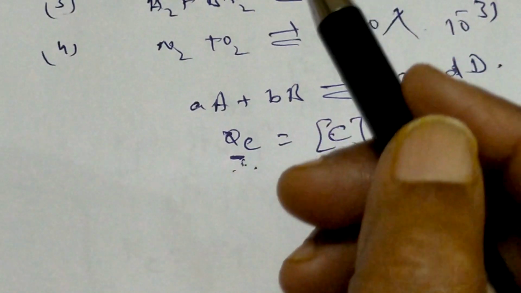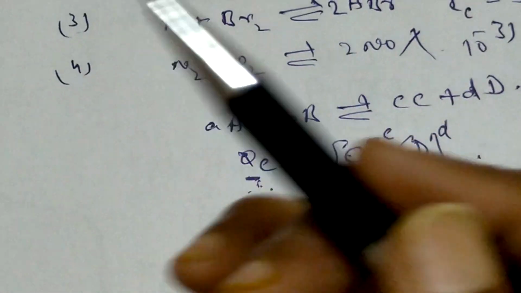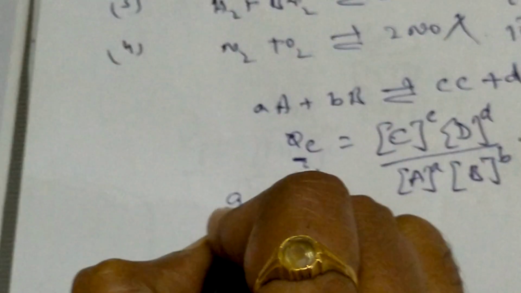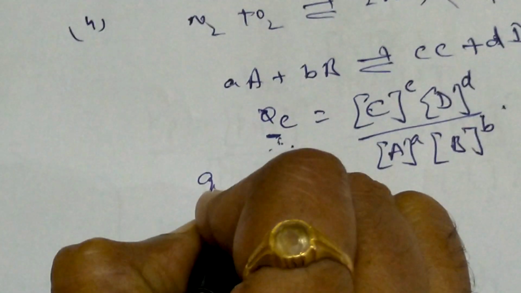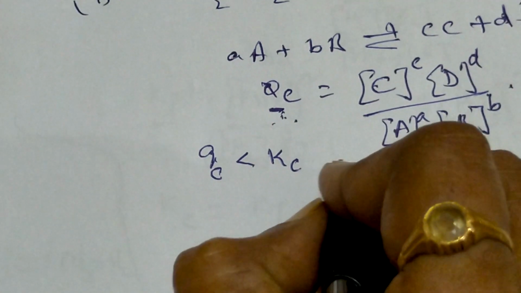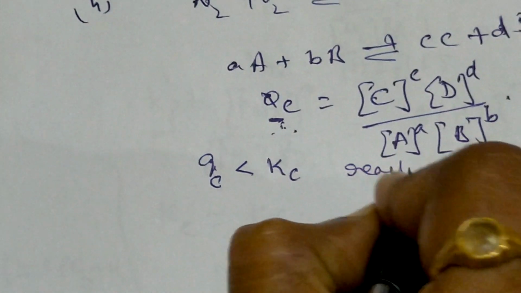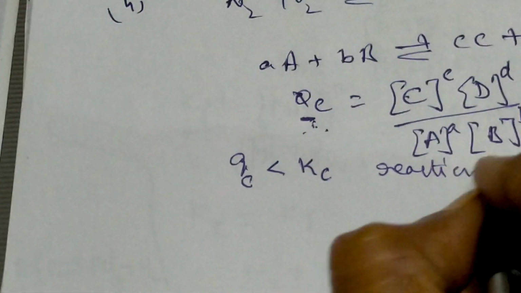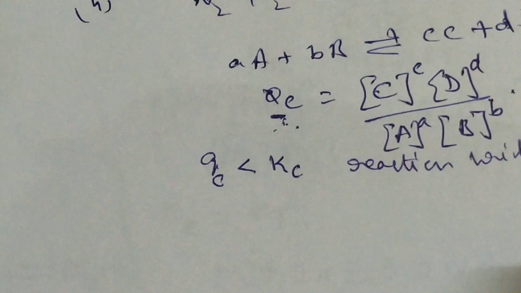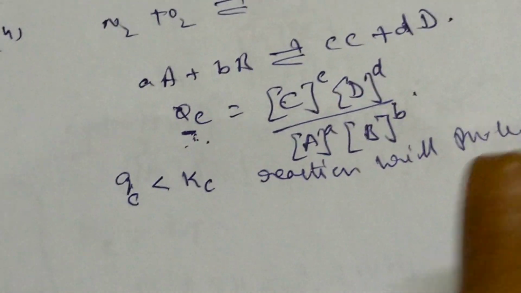Immediately after the reaction starts, or at some time, consider the concentrations. If Qc is less than Kc, the reaction will proceed towards products.